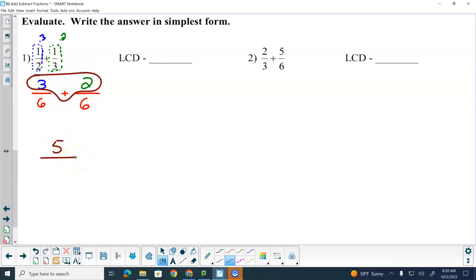What does the bottom stay? It stays 6. It stays my common denominator. Now step 4: is 5/6 a reducible fraction? No, it's not. There's no common number that goes into 5 and 6, so that is your answer.